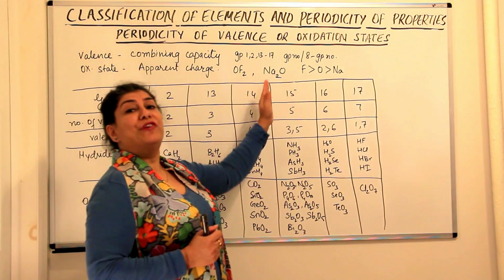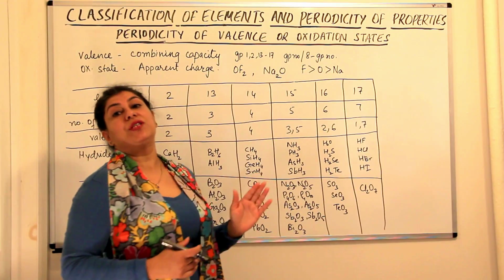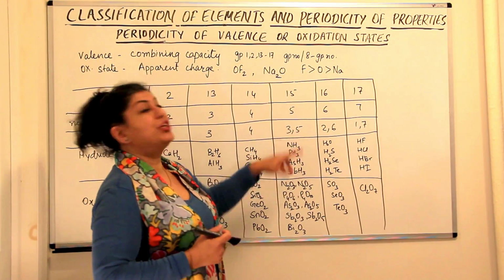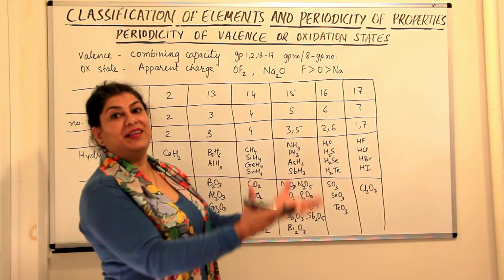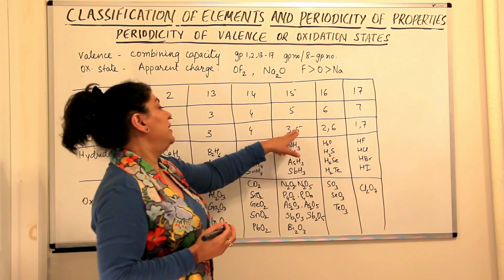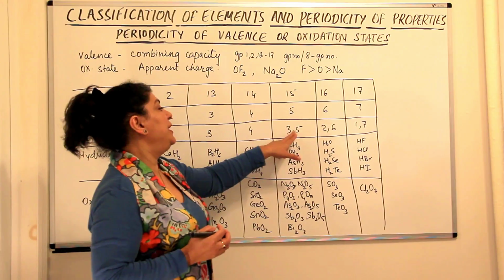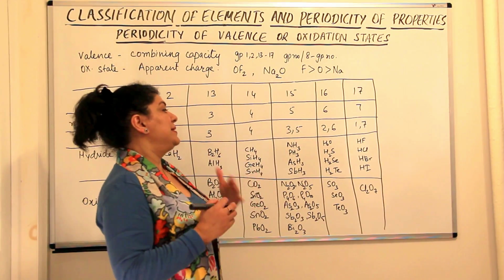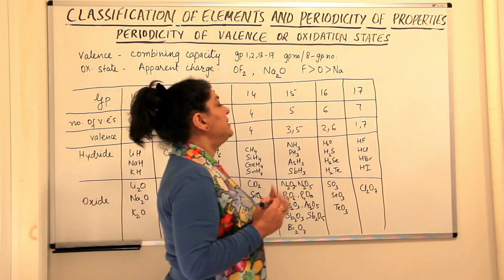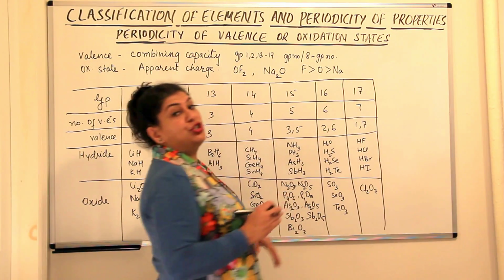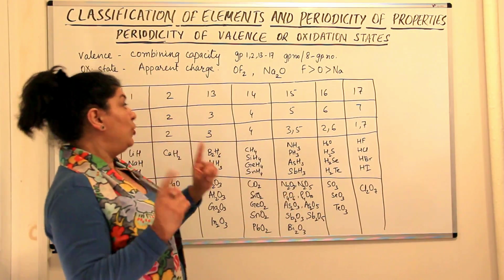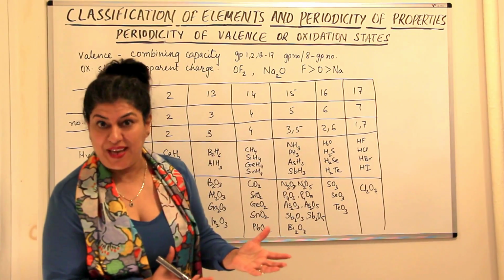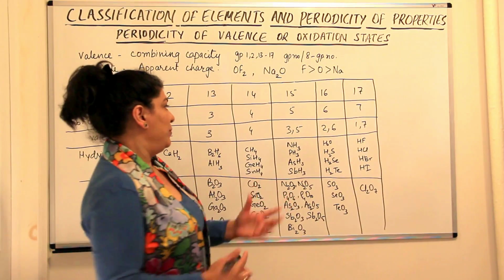But when you come to group 15, which has 5 electrons in the outermost shell, they either gain 3 or share 5, so they show variable valency of 3 and 5. Group 16 would show valencies of 2 and 6, and group 17 would show valencies of 1 and 7, although the lower number is always the preferred valency.